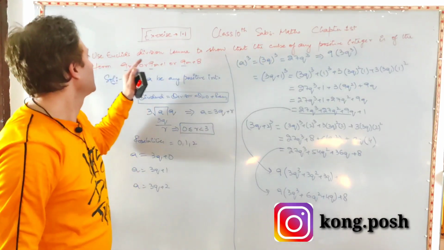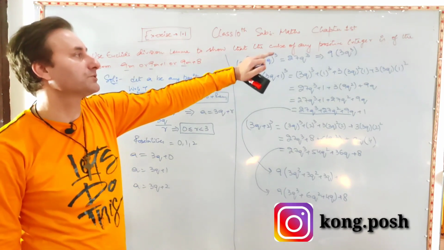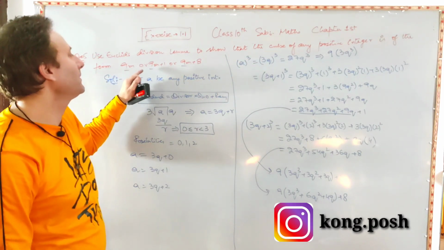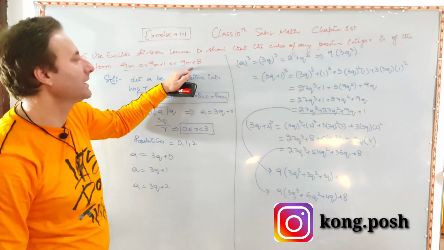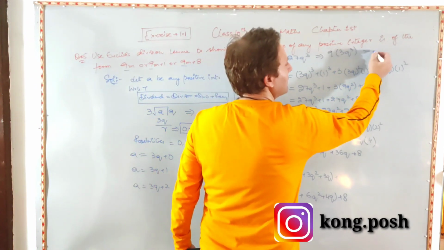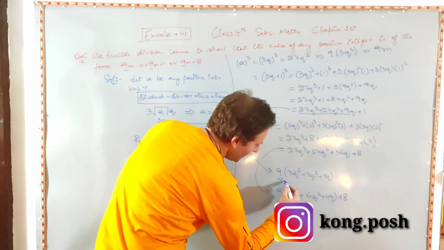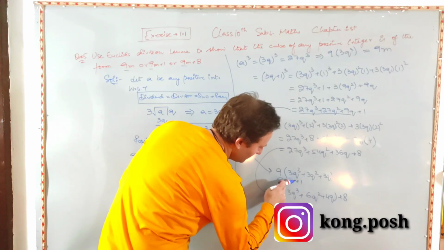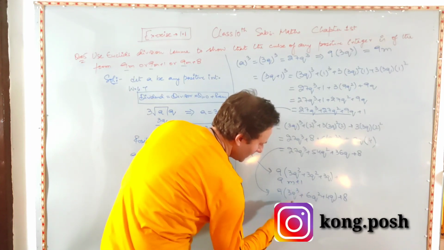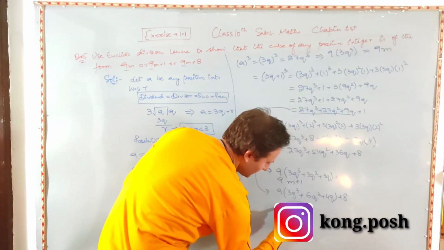It says, using Euclid's division lemma to show that the cube of any positive integer is of the form 9m, 9m plus 1, and 9m plus 8. So this thing can be an integer. I can write this as 9m, this thing will be 9m plus 1, and this thing will become 9m plus 8.